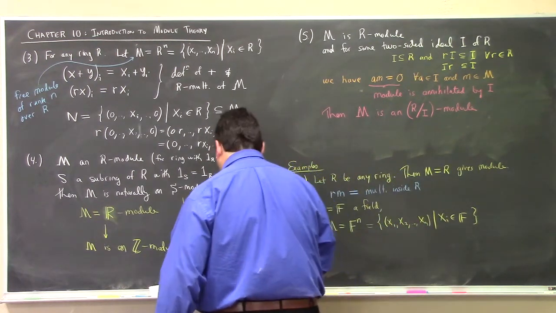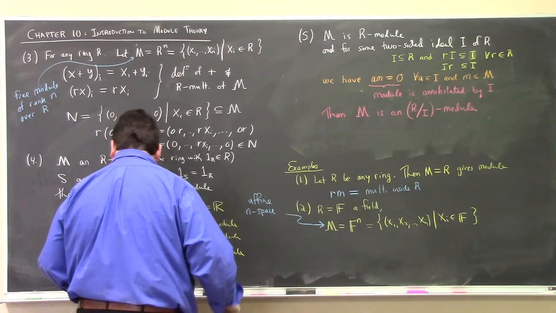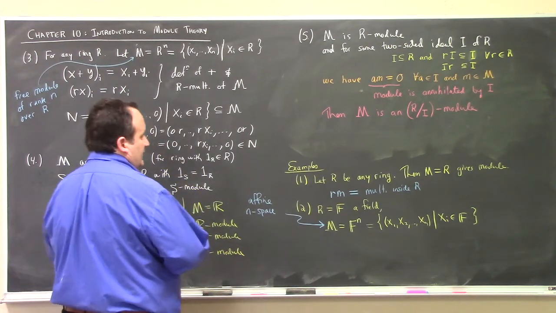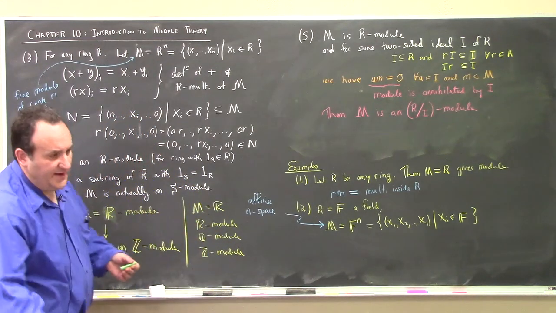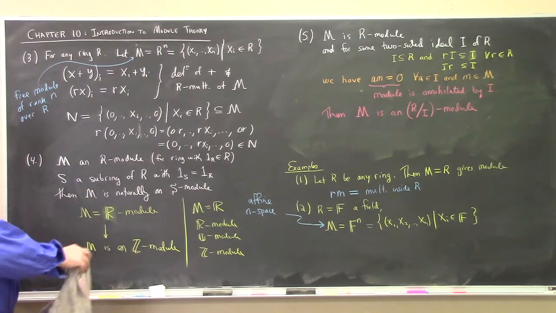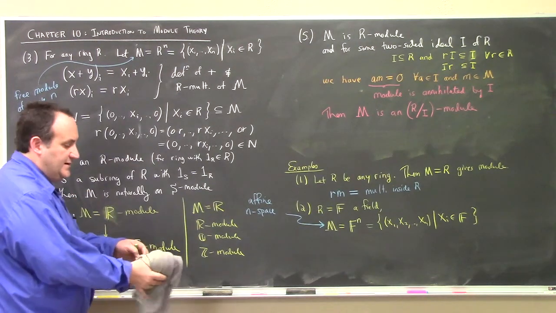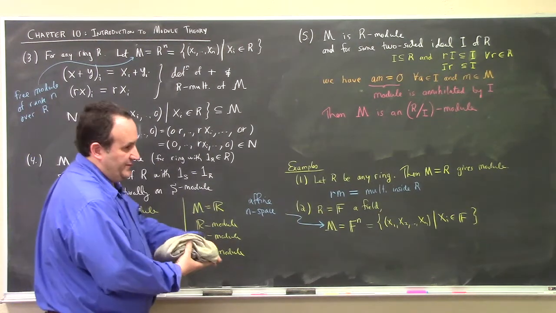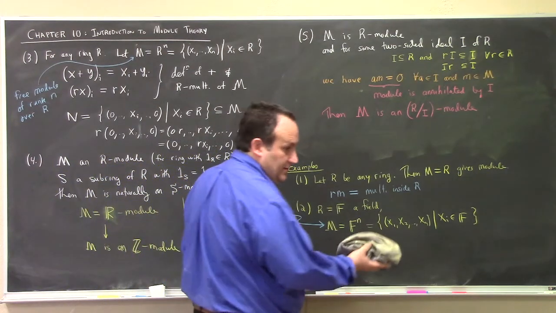Now, if you remember, we talked about how the definition of the factor ring only made sense if it was an ideal, right? In the non-commutative case, for the factor ring to make sense, you needed a two-sided ideal.